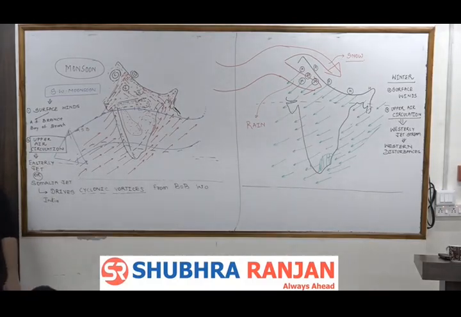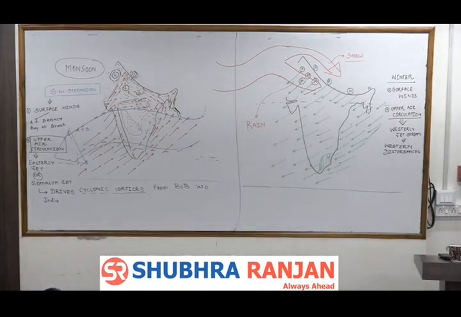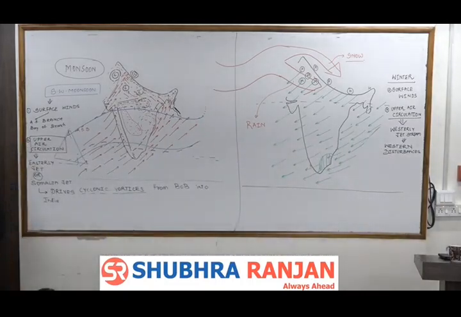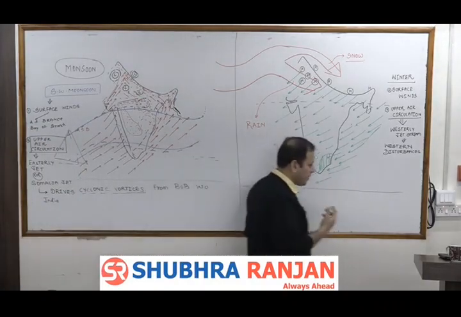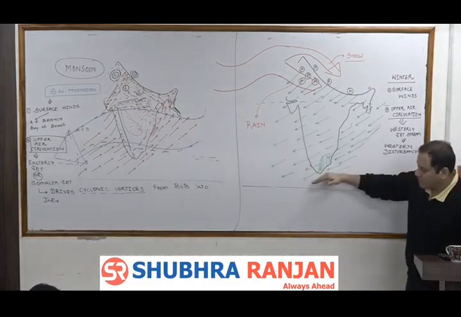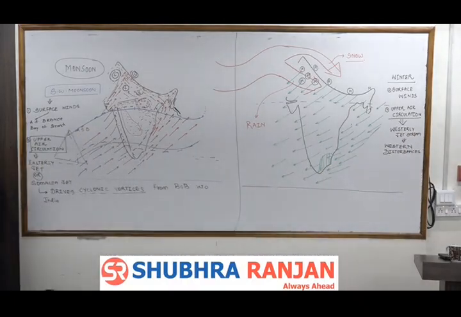Next point, very superficially, during the summer season, that is from March to May, India experiences gradual heating from peninsula to the north, due to the gradual movement of the sun northwards.